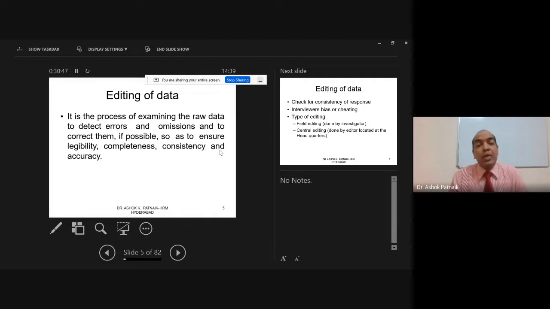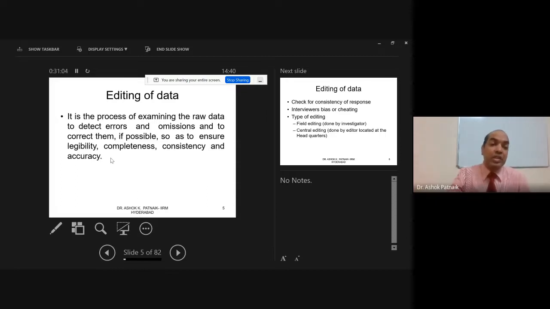You need to correct them, and some omissions are there. If some people have left questions, you have to send it back to the field to collect or correct it. Or if there is a possibility, you also do the editing on behalf of the respondents.